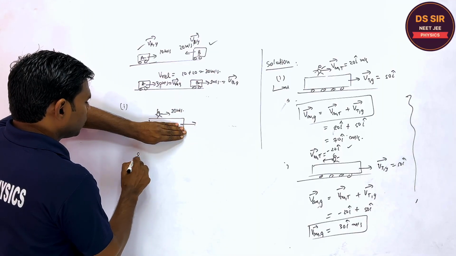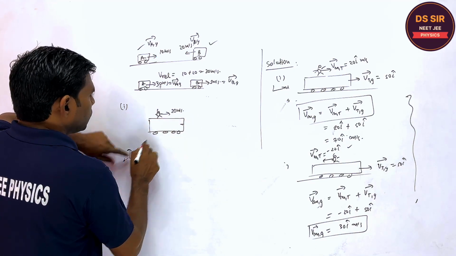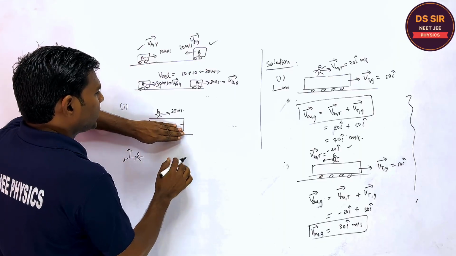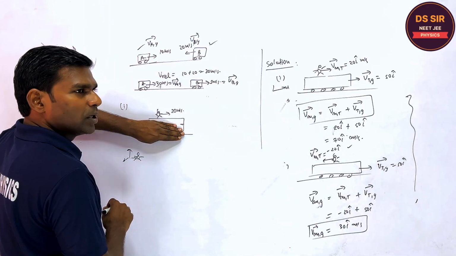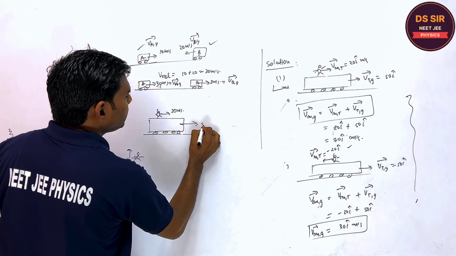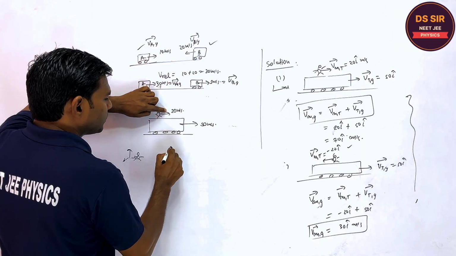And if you are standing on the ground, it is at rest. So with respect to ground, what is the velocity of the monkey? Same, it is at rest. So it will continue to move with 20 meter per second. But when the train is also moving in the same direction, so what will be the velocity? Say 20.